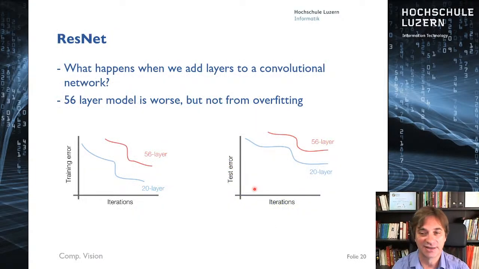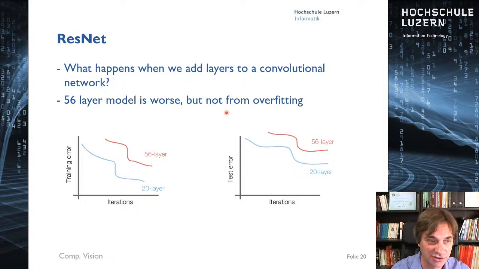Okay, so the next step was to try actually to make the networks deeper and deeper. But if you just add more 3x3 layers, you would think it would get better, but the problem was it did not. So for example, here I just sketched the performance of a 20-layer network and a 56-layer network, and the 56-layer network performed actually worse than the 20-layer network.